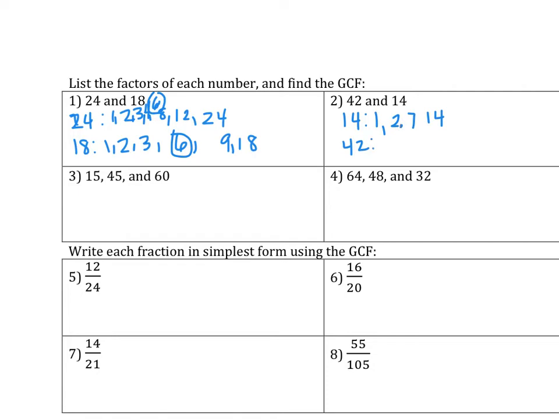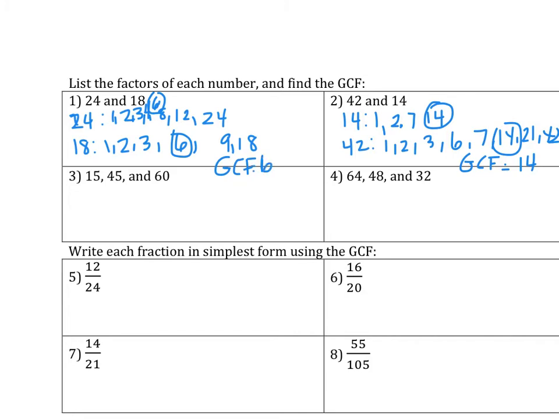I'm just going to write those out. It's 1, 2, 3, 6, 7, 14, 21, and 42. So the greatest one that they have in common is going to be 14. So greatest common factor is 14. Over here, greatest common factor is 6.